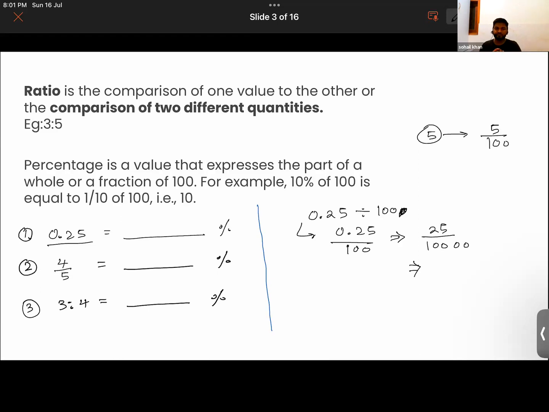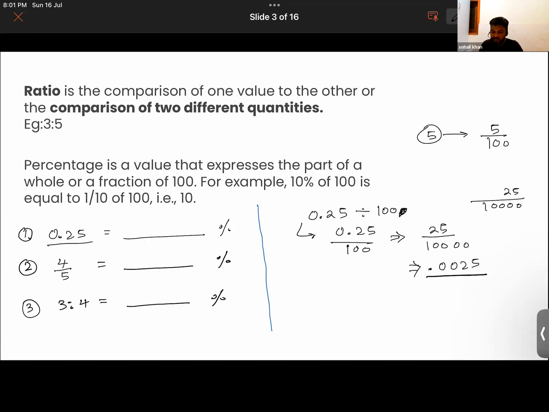So it is going to be 0.0025 now. Yes, sir. Okay. Now similarly solve the second one also. Did you guys get the answer of the first one? How do we solve this one? It's simply like this.